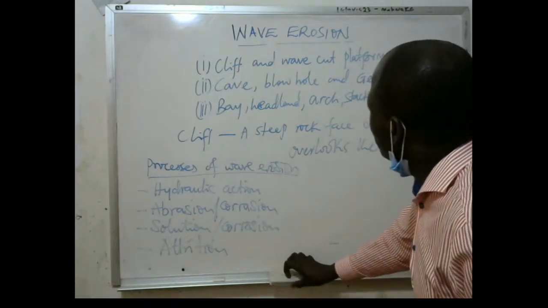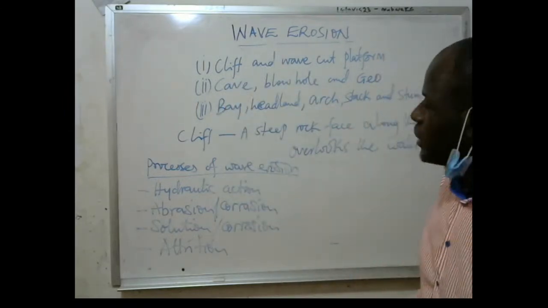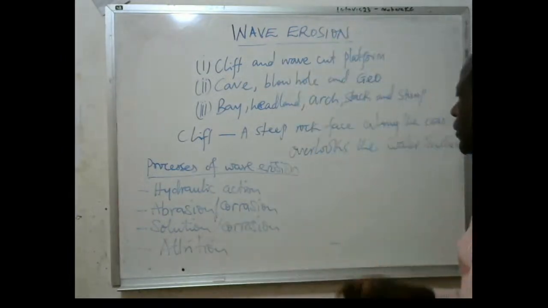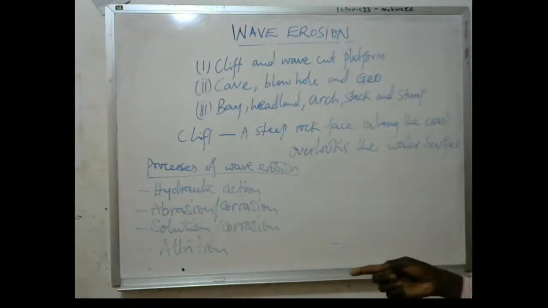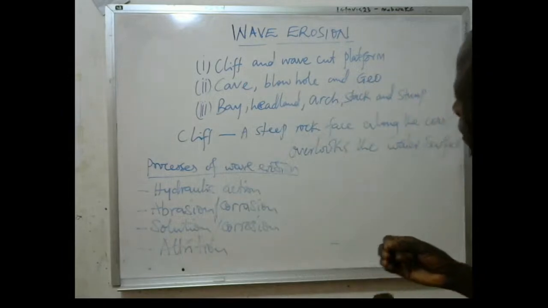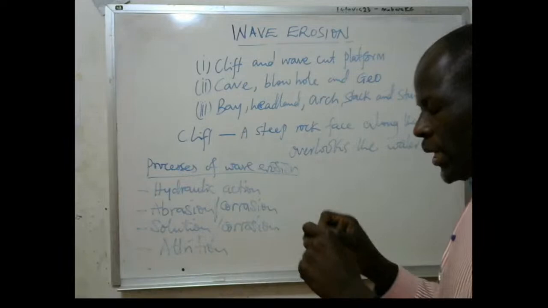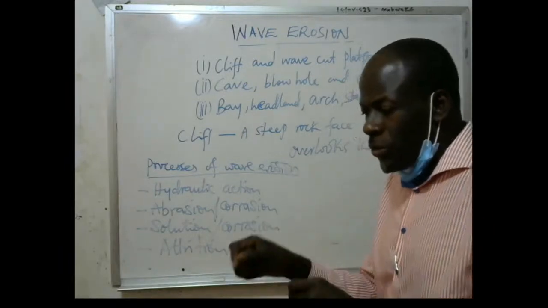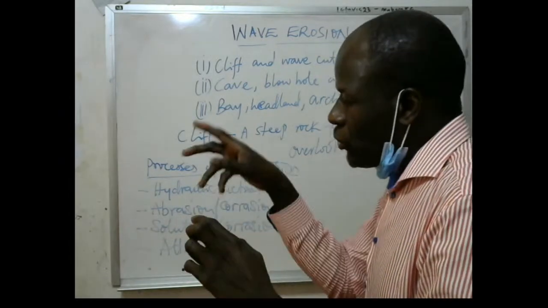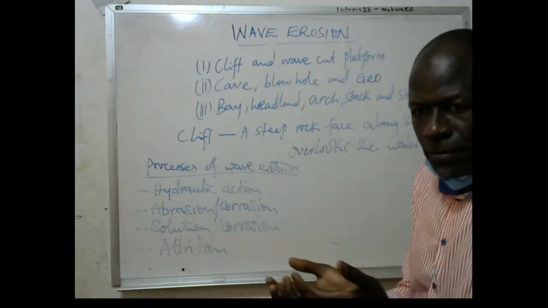But now going back to the landforms, we were talking about the cliff. I already explained the cliff as a steep rock face along the coast that hangs above the water level. This landform forms along the coast where there could be lines of weakness or cracks. When the wave comes, the line of weakness or crack becomes a point where the wave can easily erode.